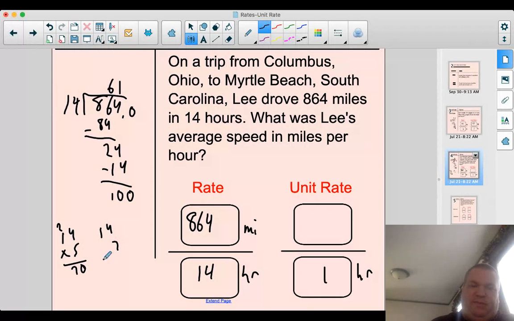So let's try 7. 14 times 7 is 98. That gets me real close. Decimal point stays there. I got 7. You subtract 98, I get 2. You can add another 0 to bring it down. 14 goes into 20 one time.